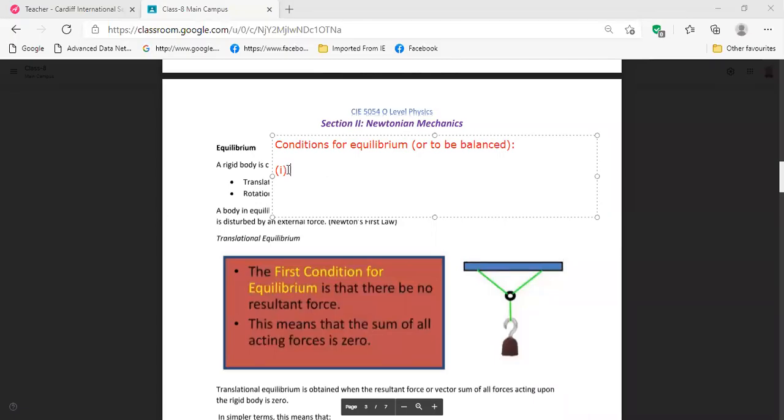Look, conditions for equilibrium. The first one is the resultant force will be 0, or we can say the sum of upward forces, maybe there will be more than one force working upwards.